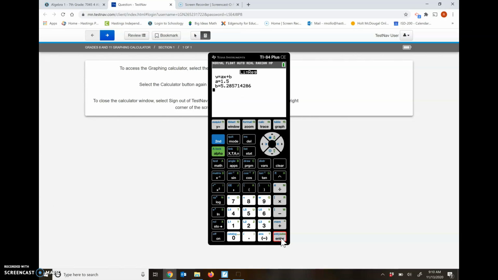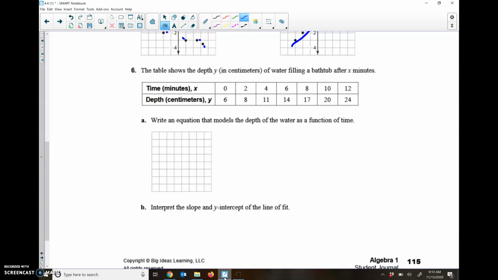So it tells me, and for some reason the calculator doesn't use y equals mx plus b, it uses y equals ax plus b, but it's kind of the same thing. So y equals ax plus b, and it tells me that a is 1.5. So that means my slope is 1.5, and my y-intercept b is 5.28. Okay, this problem doesn't tell us to round.